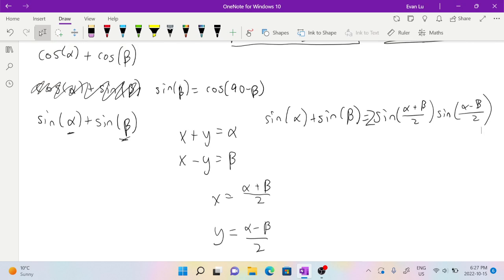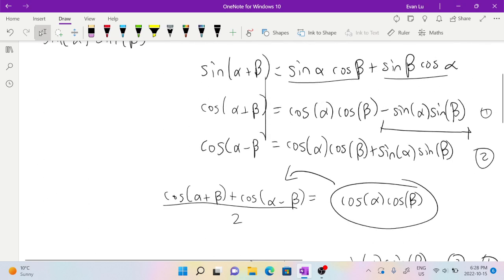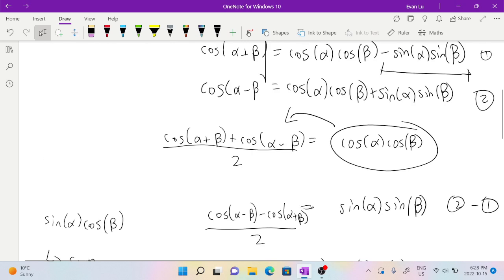So you can say cos of alpha plus cos of beta would be equal to 2 cos x cos y. And so this is literally just taking this formula and kind of turning it on its head.